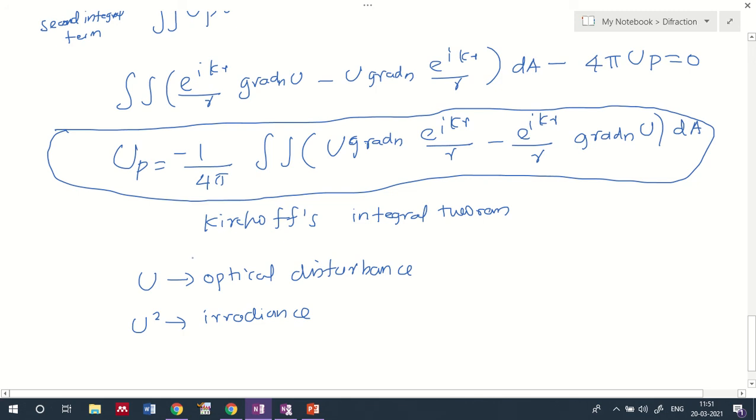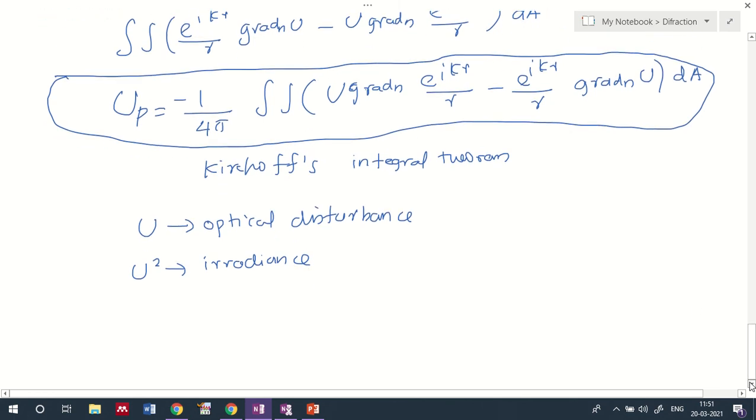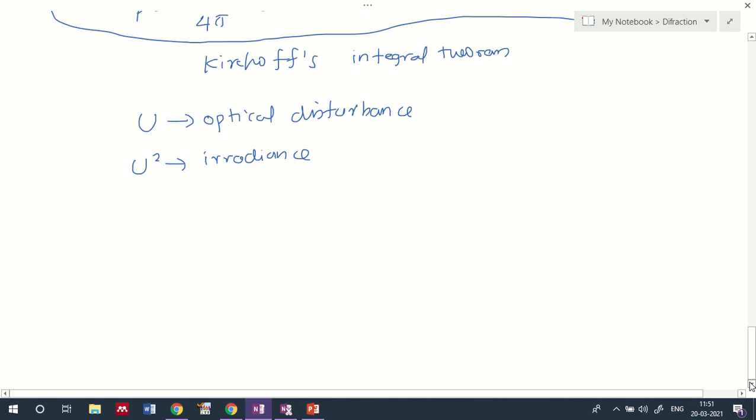Now we need to address what the Fresnel-Kirchhoff formula is. So far we have only said what the Kirchhoff integral theorem is. Imagine you have a slit: a rectangular shape in which there is a small aperture or a small hole.